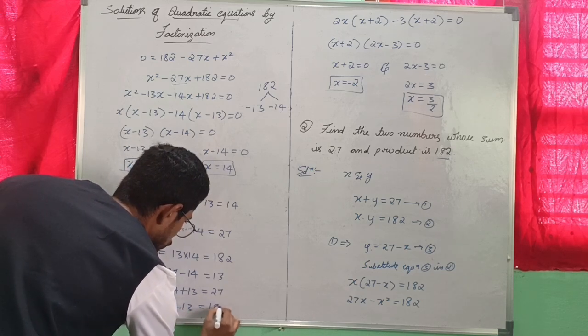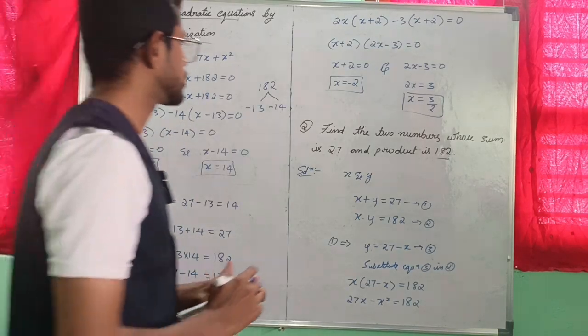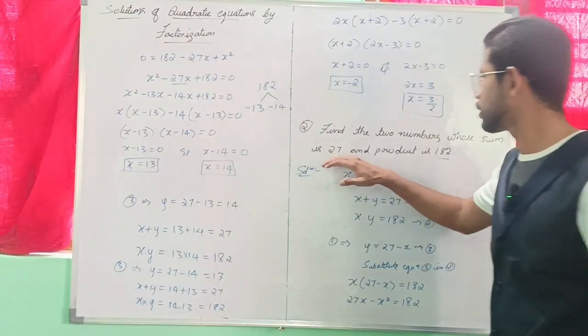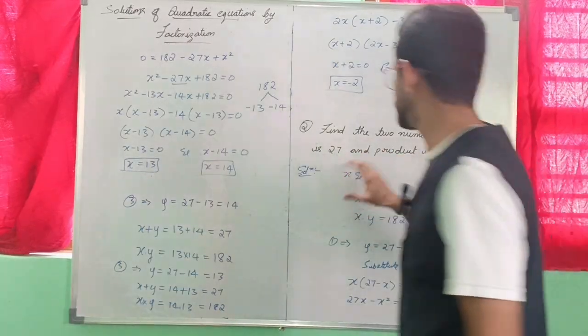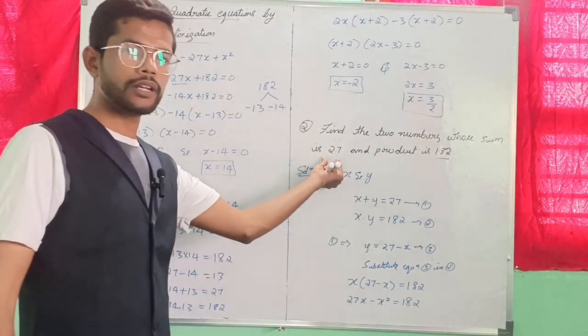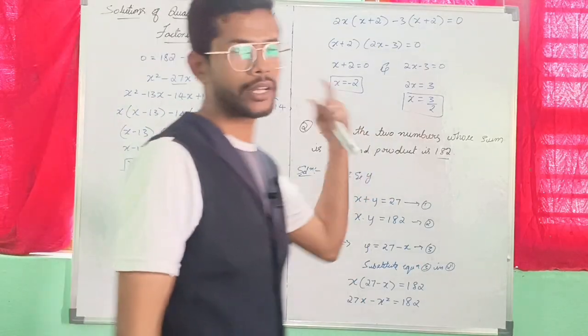So these numbers 13 and 14 satisfy the given problem, right? When we add these two numbers, 14 and 13, we get 27. When we multiply them, we get the product.